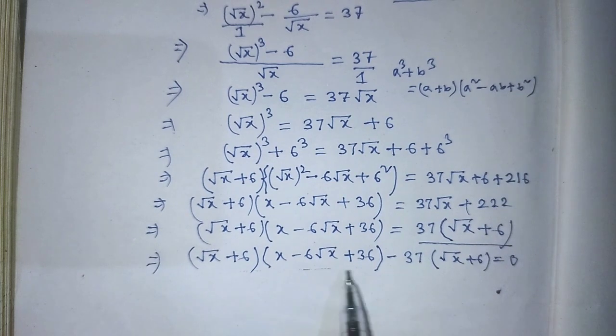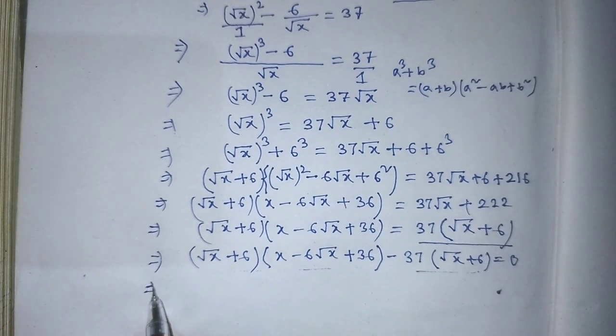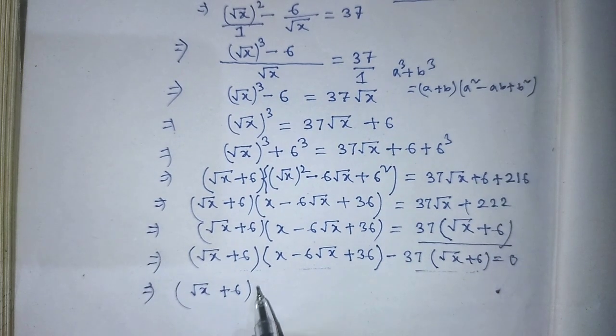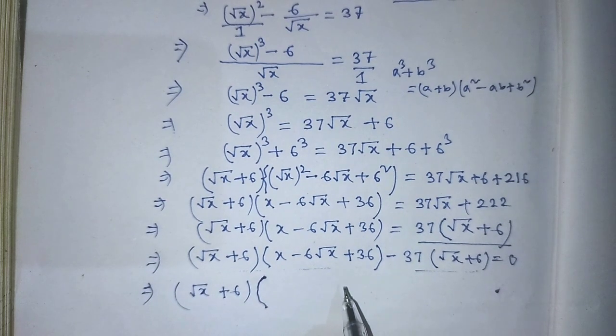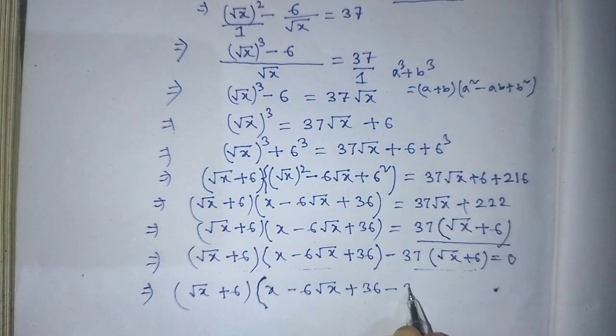This is the first term and this is the second term. In both terms root x plus 6 is present. So we have to take common root x plus 6, and after that we have to write first bracket, and inside this first bracket we have to write x minus 6 root x plus 36 minus 37 is equal to 0.